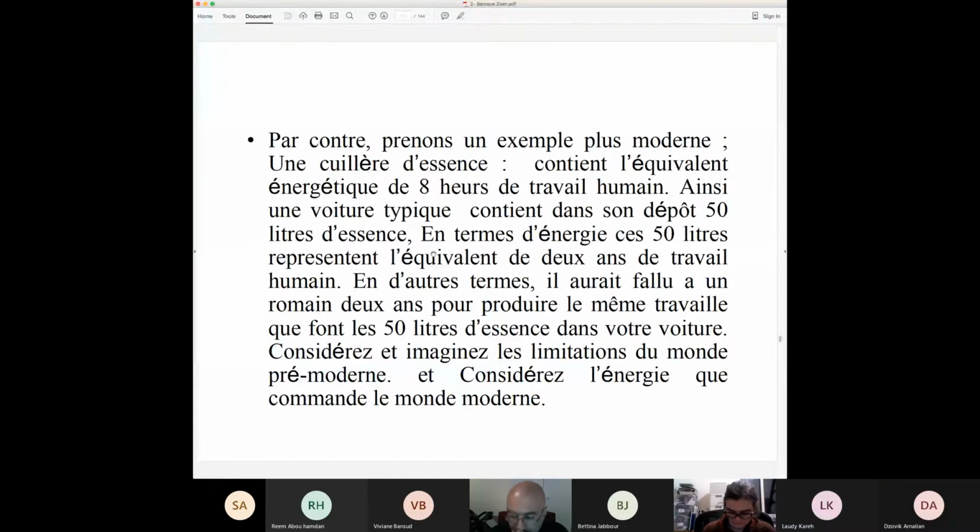What does this mean? Try to think with me. What it means is that in your car now, you have probably something like 50 liters of gas. Okay, these 50 liters of gas, how much do they cost?